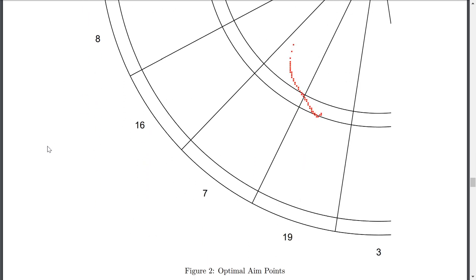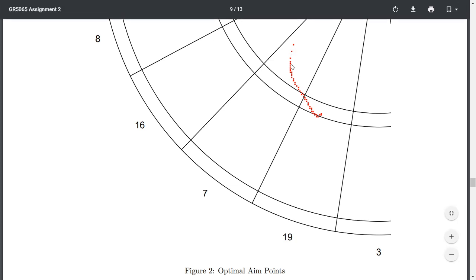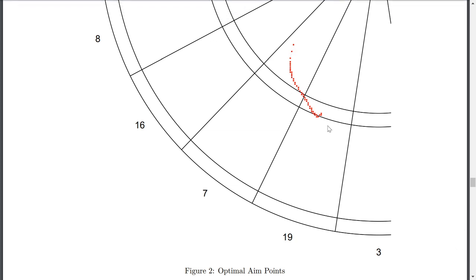And if you plot it out, the distribution of the optimal aim points again varies considerably. If you're at the low end of your posterior distribution of sigma, then you want to basically be aiming in the 19 wedge and trying to get it in the triple multiplier band.